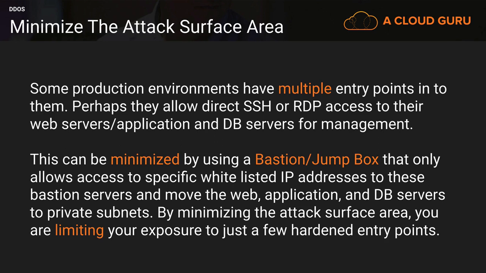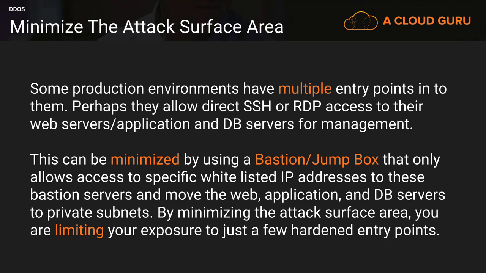The best practice is to use a bastion or jump box, which we've talked about quite a bit in the VPC section of the course, and that only allows access to specific white-listed IP addresses to the Bastion server, and then you move your web applications and your application servers and database servers to private subnets, and they're only accessible via this Bastion or jump box.